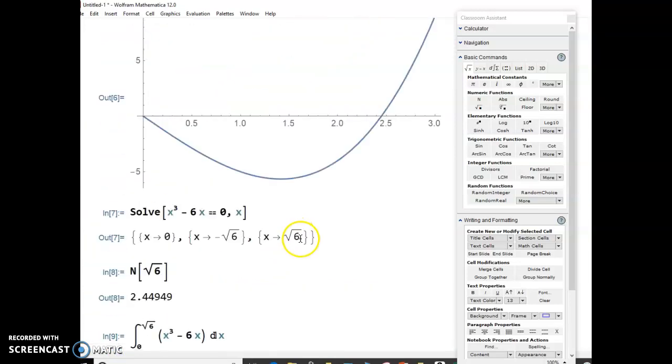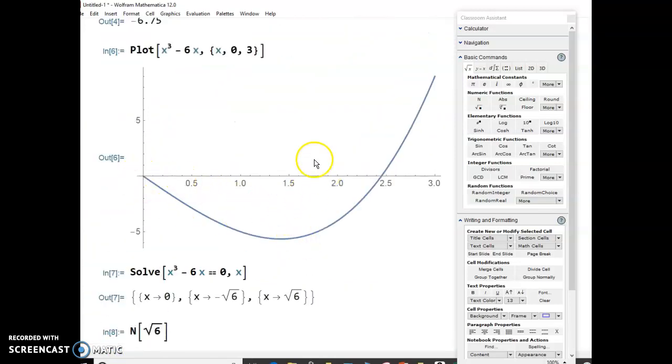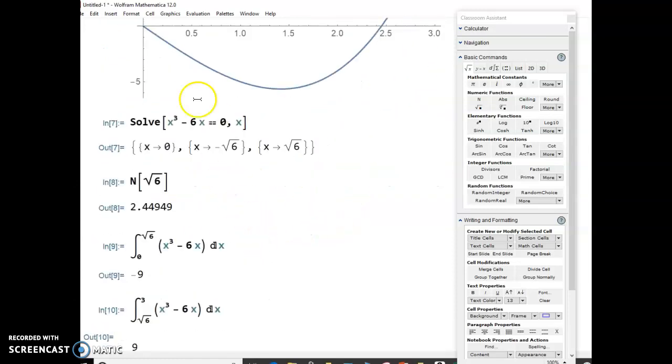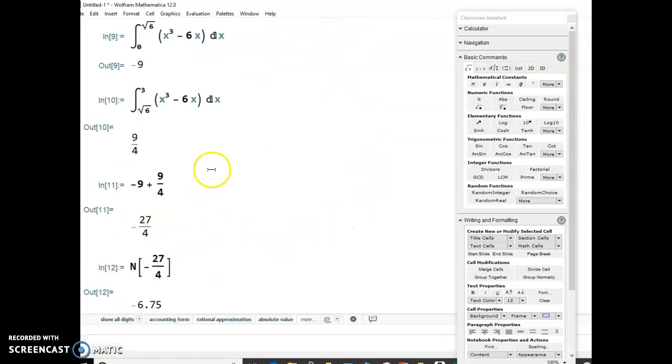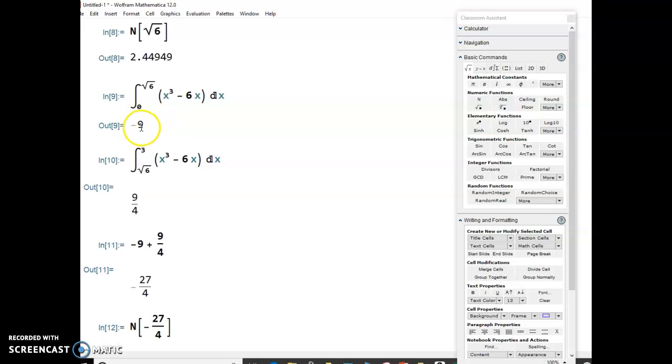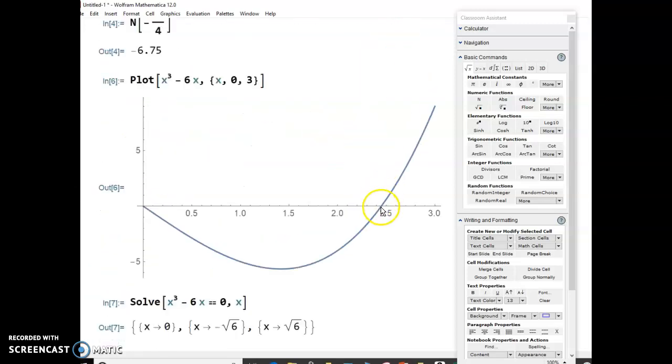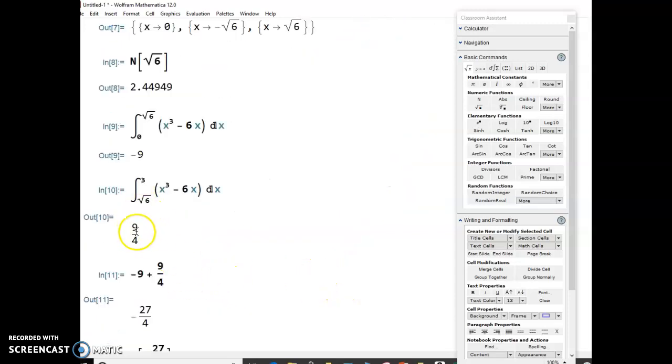So you can see the power here of Mathematica. If we wanted to know, okay, how far did the antiderivative go down? That antiderivative from 0 to radical 6, the amount of change in the antiderivative, how far did it go down? It went down 9 units. And then from radical 6 to 3, it rose 9/4, which is 2 1/4, 2.25.